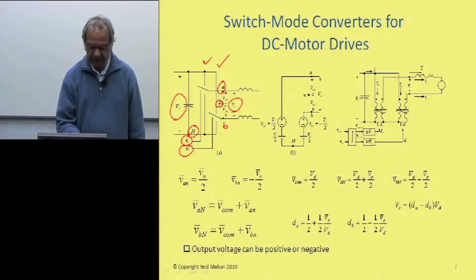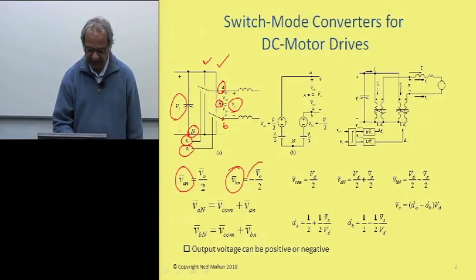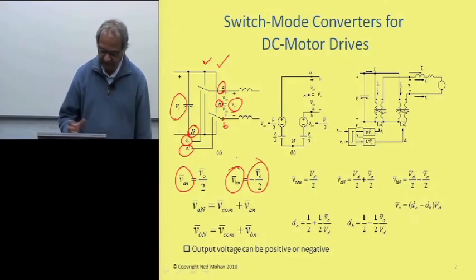So what we'll do is make the voltage of A with respect to this hypothetical neutral half the desired voltage, and we will make the voltage at point B with respect to this hypothetical neutral minus half of that desired output voltage.